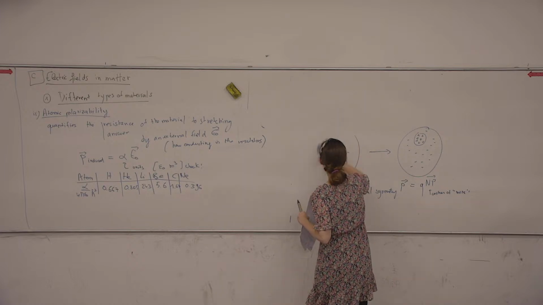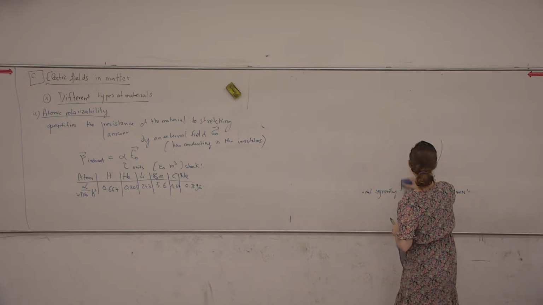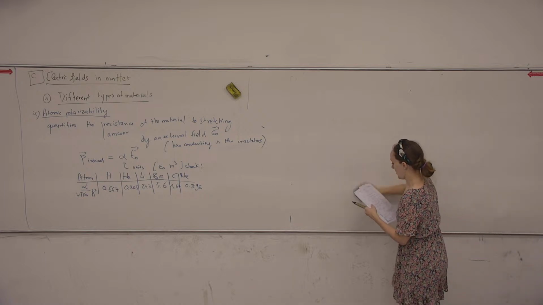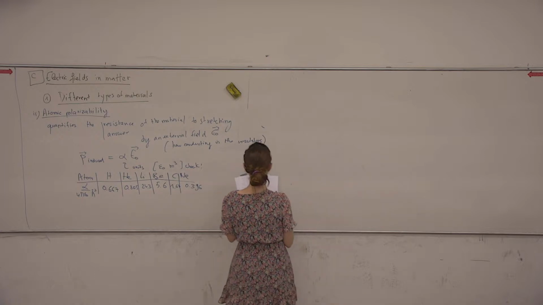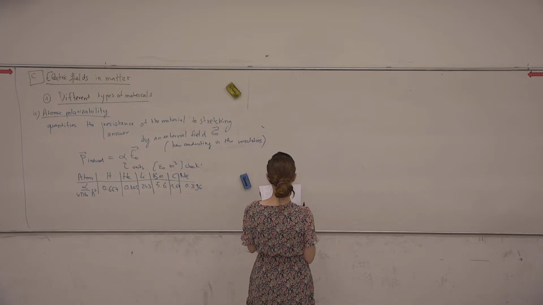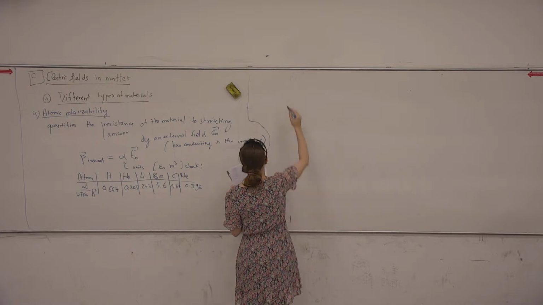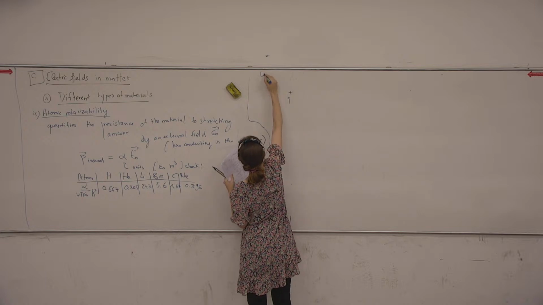So let's see if we can recover these numbers with the most simplistic model we can think of. We will assume that we have a charge plus Q here. So let's model.